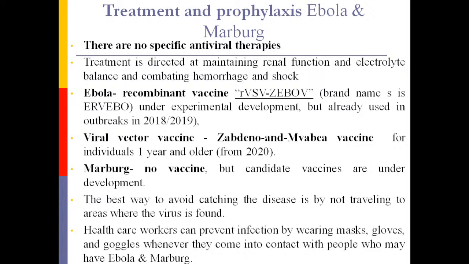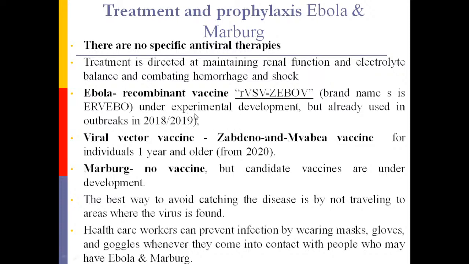For prophylaxis of Ebola, there is an Ebola recombinant vaccine, rVSV, the brand name is Ervebo. In the lecture on immunology, I spoke about it.